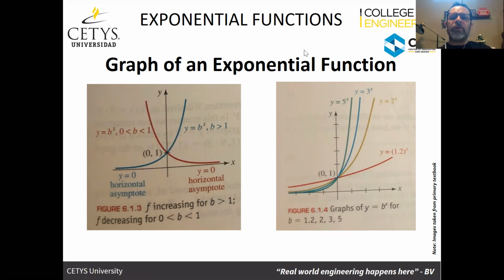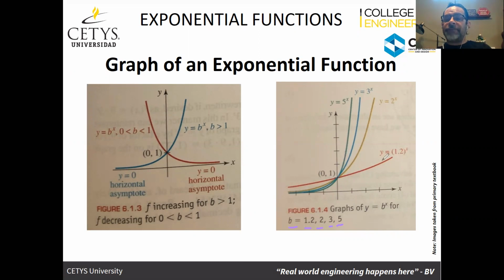The other thing that we can notice here is how the exponential graph behaves. For example, if we increase the value of b, so we start off at 1.2, 2, 3, 5, and we start growing larger, notice that when we start increasing the base, then that's equivalent to a stretch.